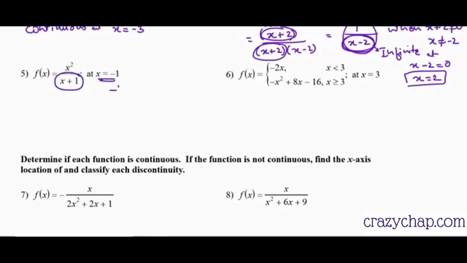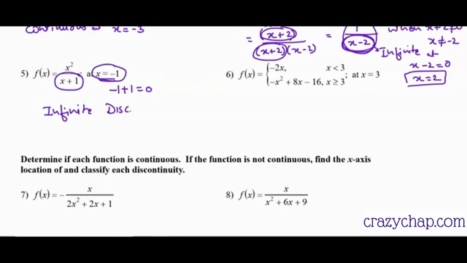When I put in -1 plus 1, I get 0. It means when x is -1, the denominator will become 0, and that is why it is an infinite discontinuity. Whenever the denominator makes 0, it is an infinite discontinuity, at x equal to minus 1.